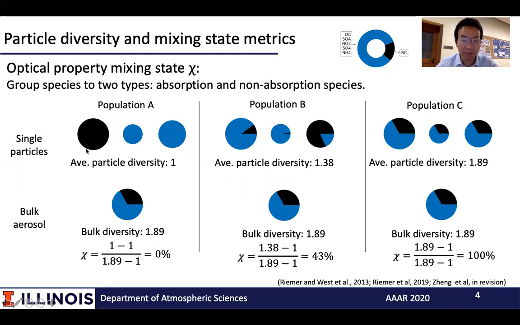For population A, each particle has only one species, so the average particle diversity is 1, equal to chi 0. They are externally mixed. For population C, species evenly distribute among the particles, and the average particle diversity equals the bulk diversity, resulting in chi equal to 100%. Population B is the intermediate state between A and C, so its chi is between 0 and 1.